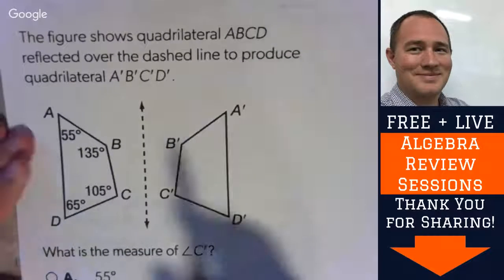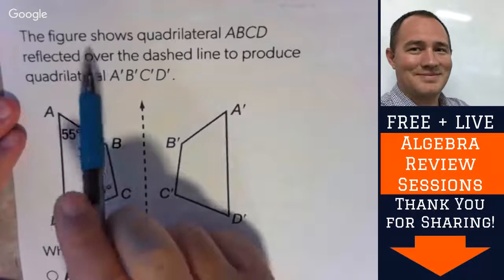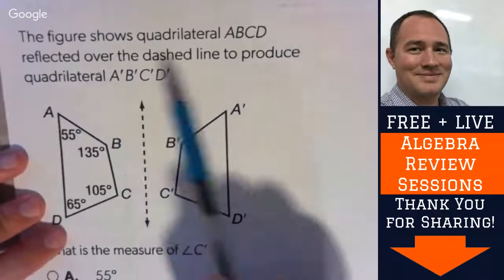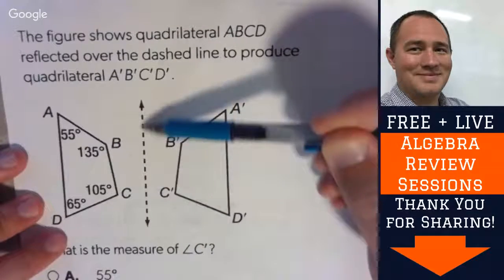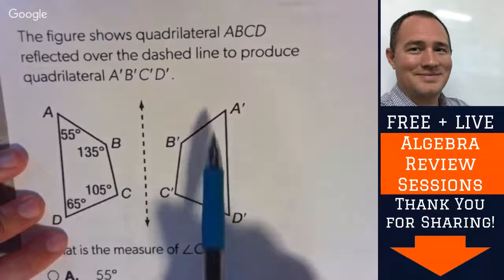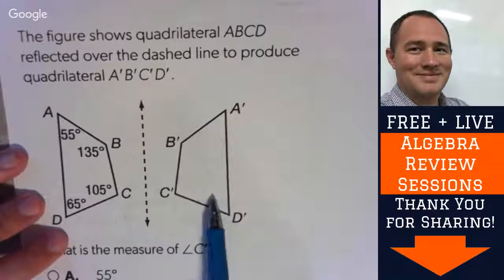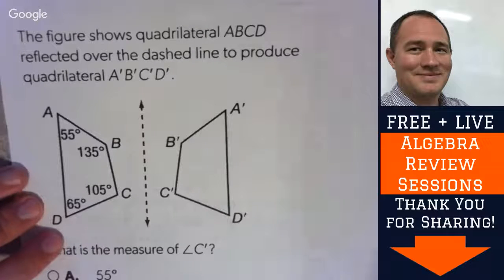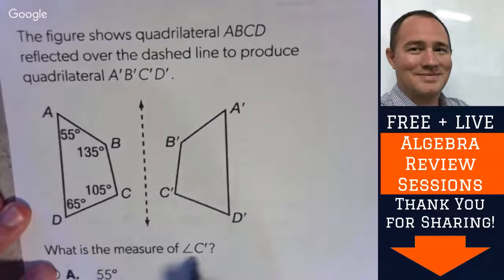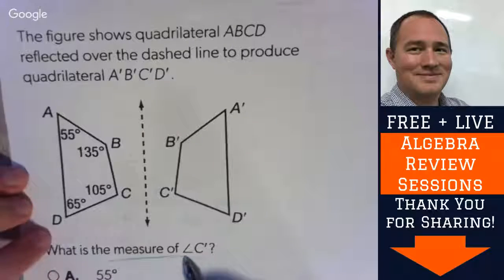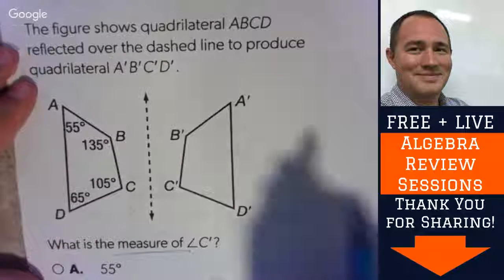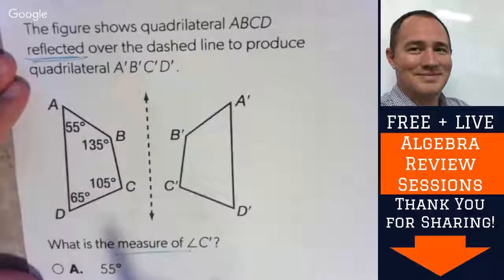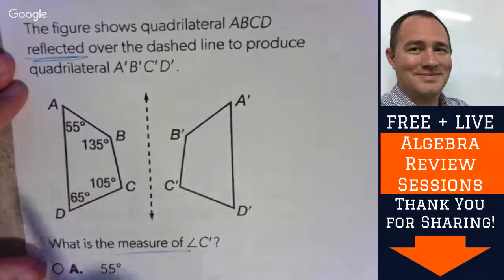All right, moving right along. The figure shows a quadrilateral ABCD reflected over this dashed line to produce the quadrilateral A'B'C'D'. So the image over here is the after, and the pre-image is over here, the before. Okay, so what is it asking? What is the measure of C? One of the properties of having a reflection, and it's telling us it was reflected, is that the two shapes are congruent.